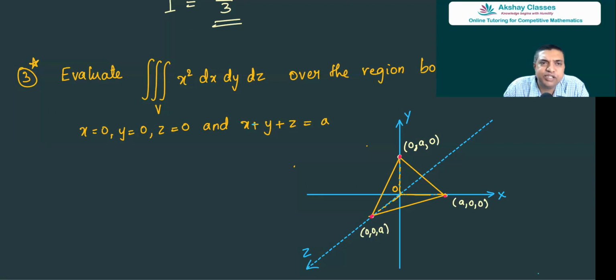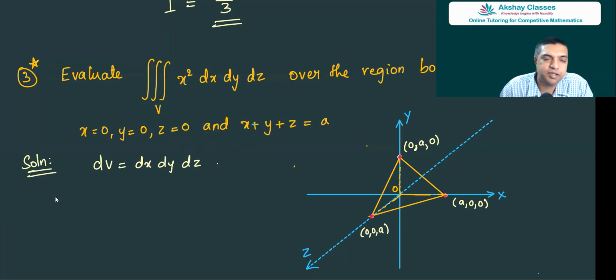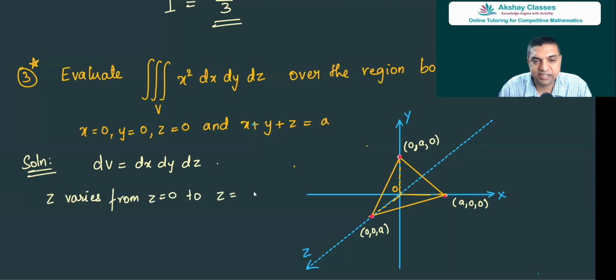So we can sequentially integrate first with respect to z, then the volume element. Now when we evaluate the integral, we write the limits: z varies from z equal to 0 to z equal to a minus x plus y.